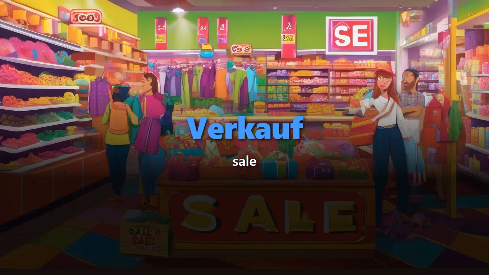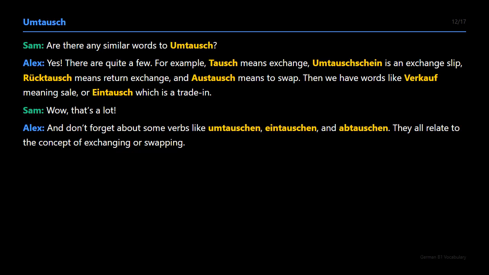Are there any similar words to Umtausch? Yes. There are quite a few. For example, Tausch means exchange, Umtauschschein is an exchange slip, Rücktausch means return exchange, and Austausch means to swap.